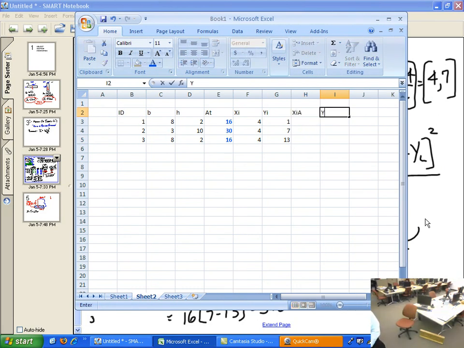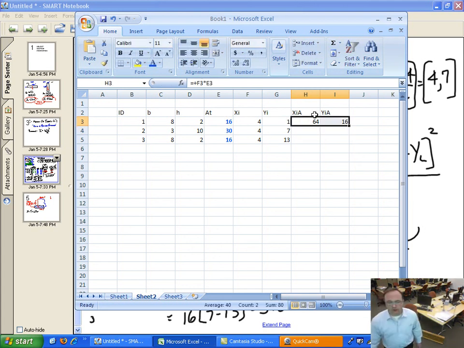Then XiAi, YiAi: plus that times that, and plus that times that. Both equations, bold them, copy them down.